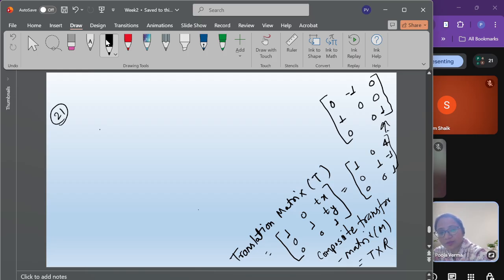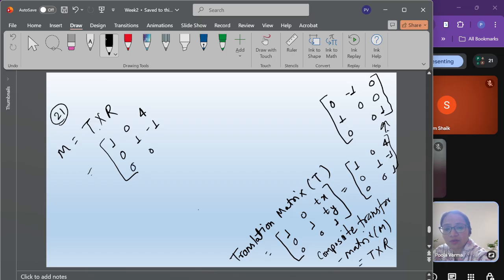So first we need to calculate the composite transformation matrix, that is M, translation into rotation matrix. Our translation matrix is 1 0 4, 0 1 minus 1, 0 0 1, and our rotation matrix is 0 minus 1 0, 1 0 0, 0 0 1.